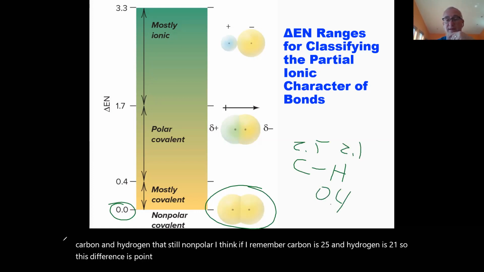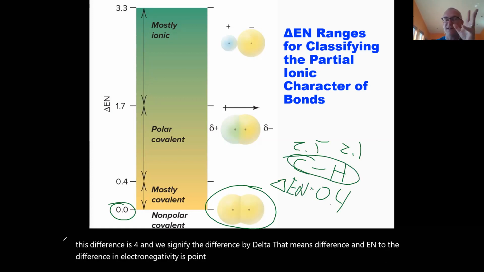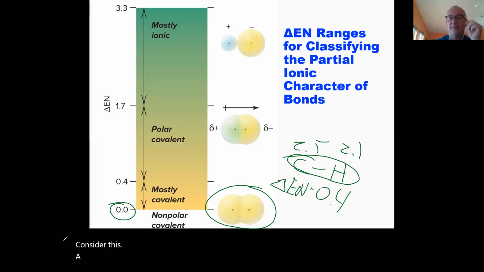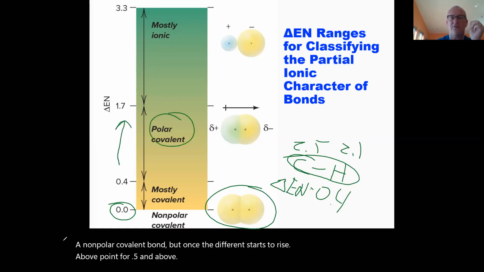And we signify the difference by delta, that means difference, and EN. So the difference in electronegativity is 0.4. So we still consider this a nonpolar covalent bond. But once the difference starts to rise above 0.4, like 0.5 and above, then we call it a polar covalent bond.